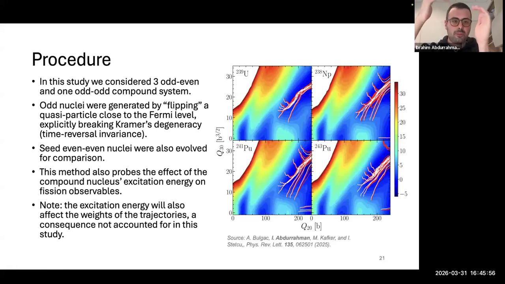For odd nuclei, you could just have a much denser structure of levels or potential energy surfaces that you can jump between, which ends up confusing the system. Basically, in the even case you're driving through a kind of smooth valley, and in the odd case, because of the structure, you're driving through a place with many obstacle courses. That's what's causing the slower time. So it is very reasonable to say that.